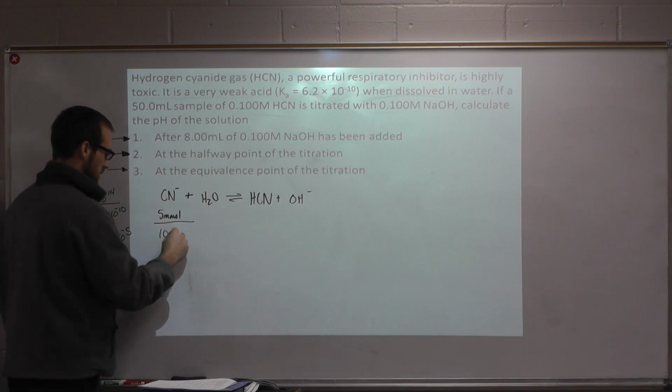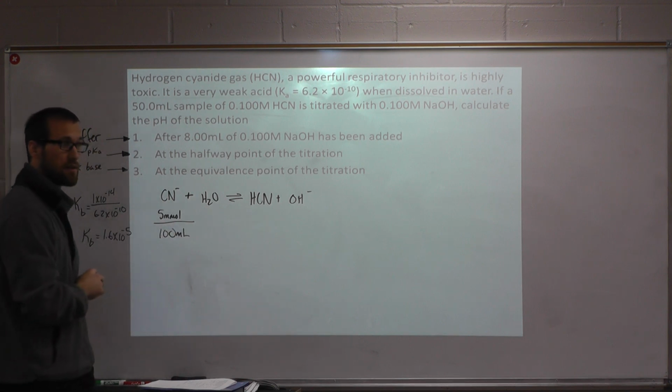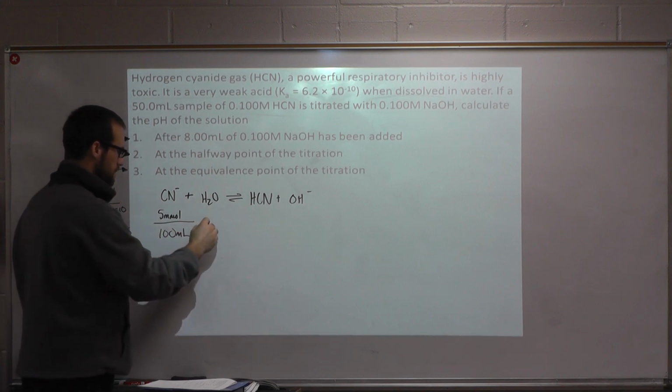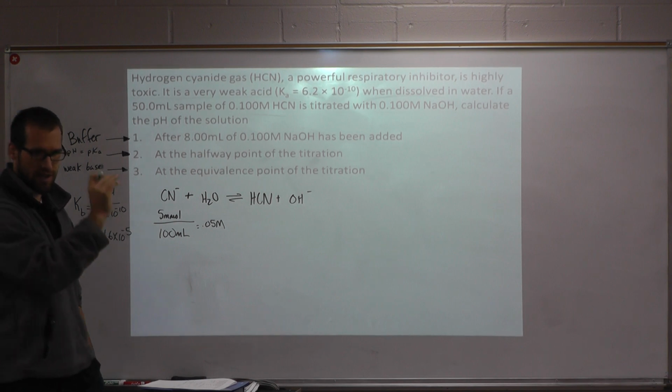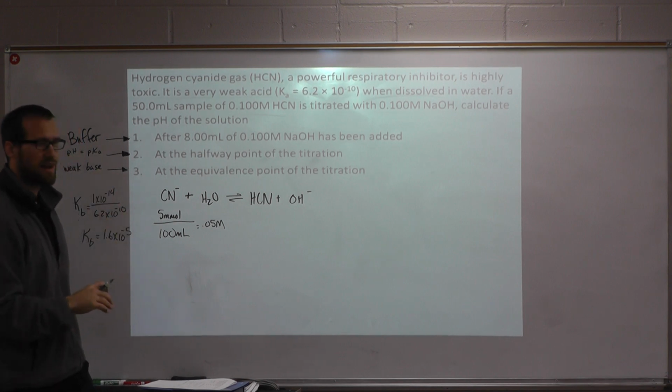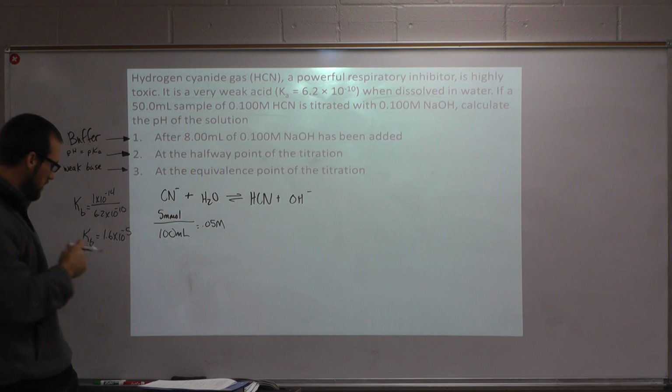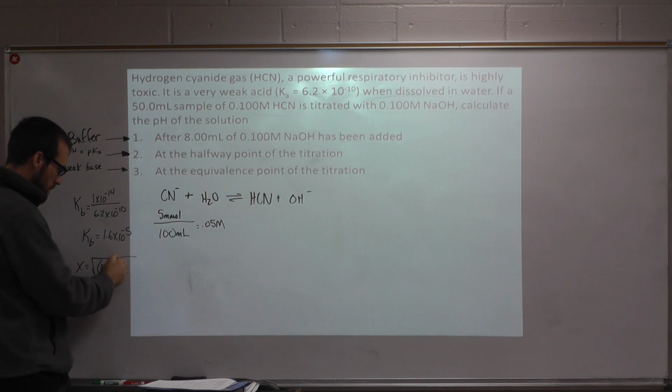So yes, 100. Don't always think it's 100 though, right? So there's my concentration. I could set up an ice table, but once I know my concentration, we can use the shortcut, which says that my X is going to be the square root of my Kb times my initial concentration.